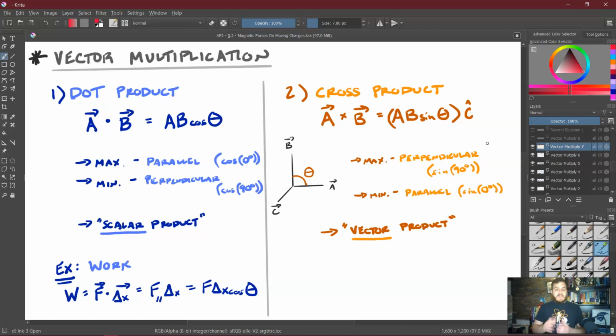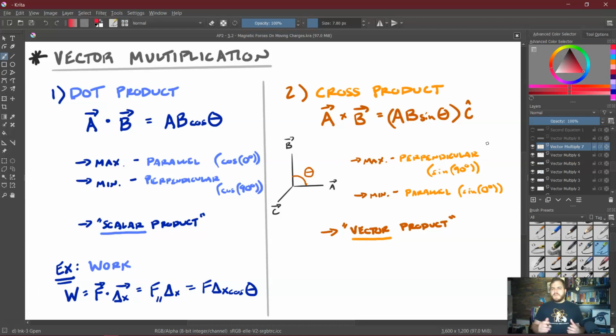Well, if the vectors A and B are perpendicular to each other, you're going to get a sine of 90 degrees, which would be equal to 1, and so the cross product, if they're at 90 degrees, will just be A times B, just their magnitudes combined. If instead those are parallel to each other, well, sine of 0 degrees is 0, so if they're parallel, the magnitude would just be 0, and that's a minimum value. So we get a maximum when they're perpendicular, minimum when they're parallel.